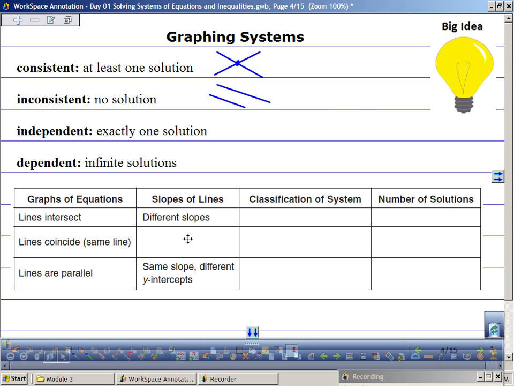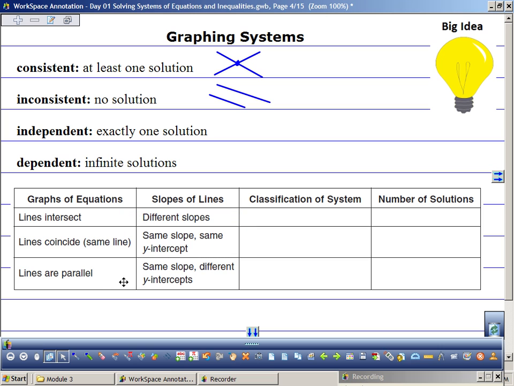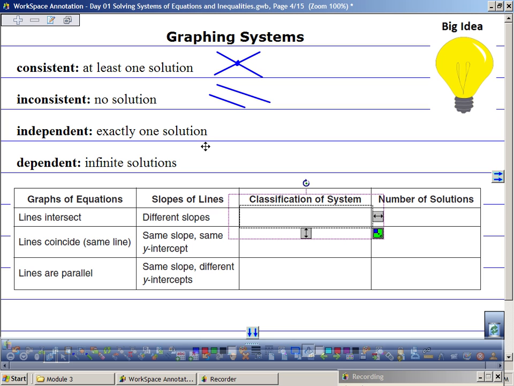Lines that coincide, that are the same line, what do we know about their slopes? If it's the same line, what else is going to be the same? Same slope. Okay, lines that intersect. What's the classification? Which one of these would you say? Lines that intersect would be consistent or inconsistent?